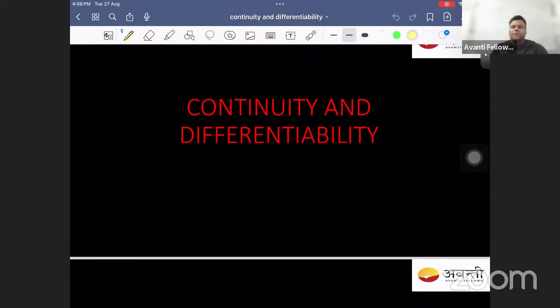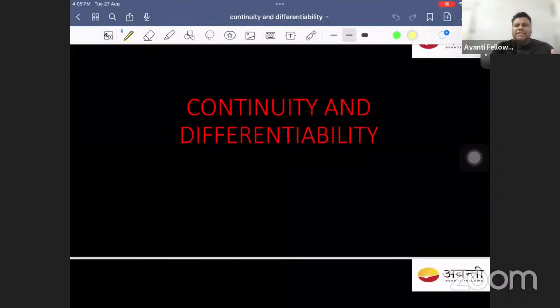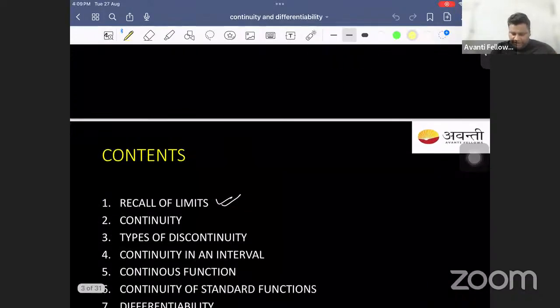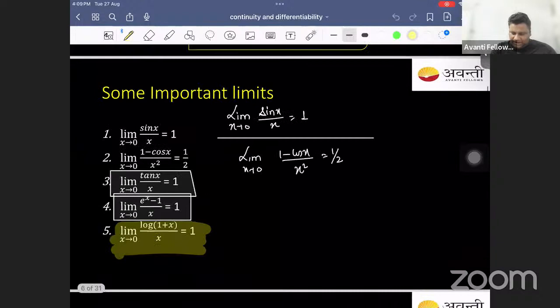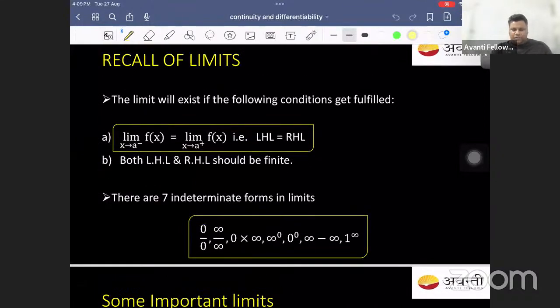Got it? So now, in the last class, we discussed the continuity of a function. And we all are aware that when continuity exists, the left hand limit should be equal to the right hand limit, which should be equal to the value of the function at that point. Isn't it?